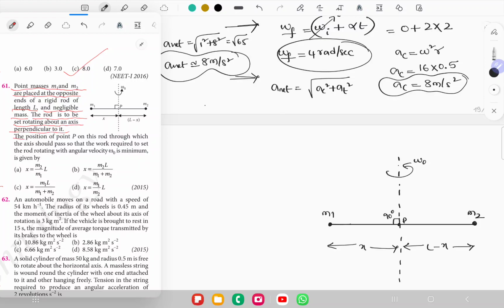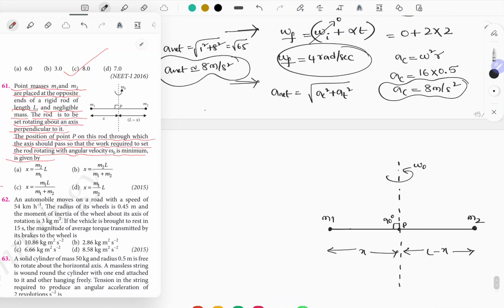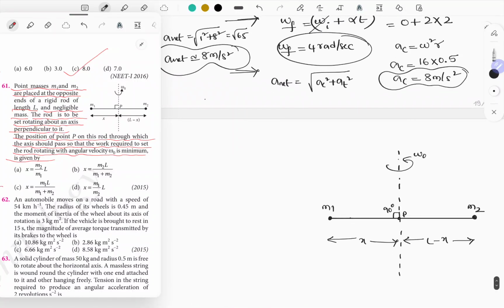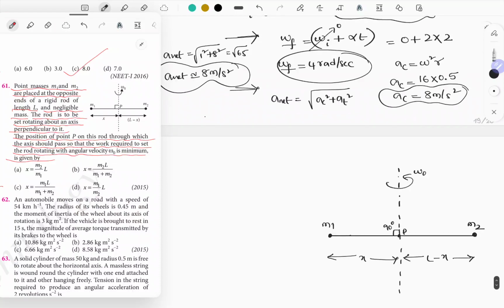The position of a point P on this rod, through which the axis should pass, so that the work required to set the rod rotating with angular velocity omega naught is minimum. Very good. When you start rotating the masses on the rod with an angular velocity omega, what kind of energies do they have?